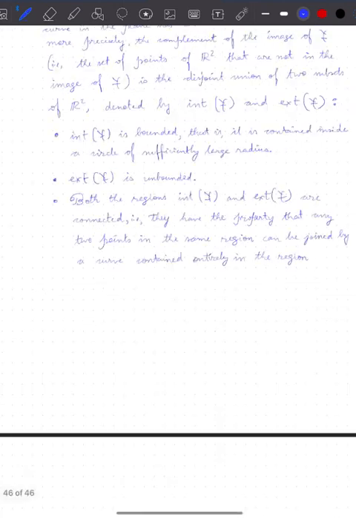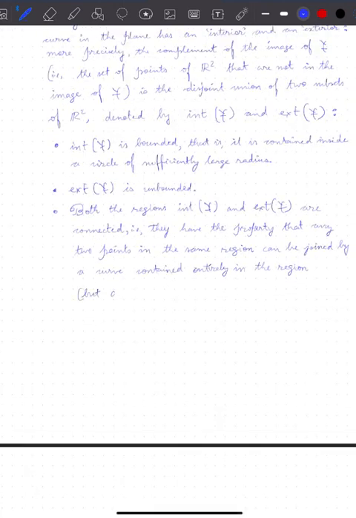But of course, any curve joining a point of the interior of gamma to a point of the exterior of gamma must cross the curve gamma vector.